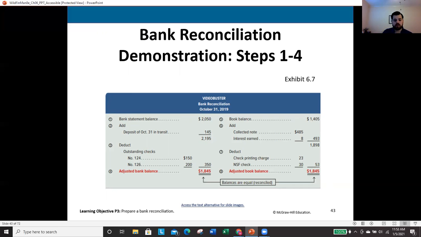But if my adjusted bank balance equaled my adjusted book balance, there was about a 98 to 99% chance that I got 100% of those points right. Because barring some bizarre situation where something can be flipped right and it somehow works out, it's very difficult to get this to balance if you make a mistake in your actual bank rec. So when those two numbers balance, you should feel pretty good that you probably got everything correct.